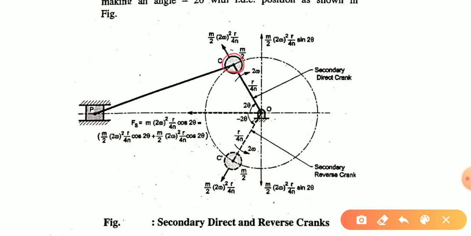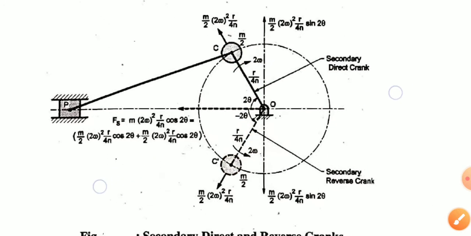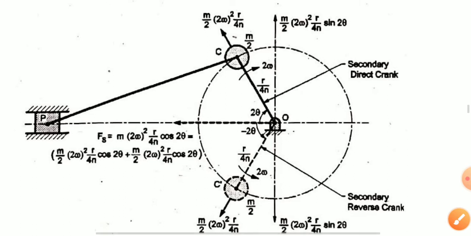We put m by 2 and m by 2 here. This is our secondary direct crank, and this is our secondary reverse crank. The angle will be 2 theta, and over here it will be minus 2 theta. This will rotate in the clockwise direction, and this in the anti-clockwise direction. The crank radius will be r by 4n for both.